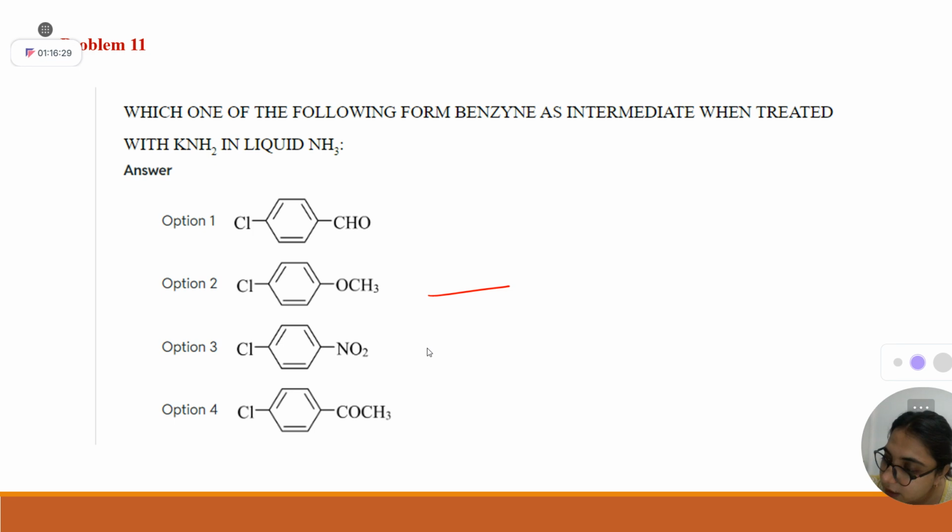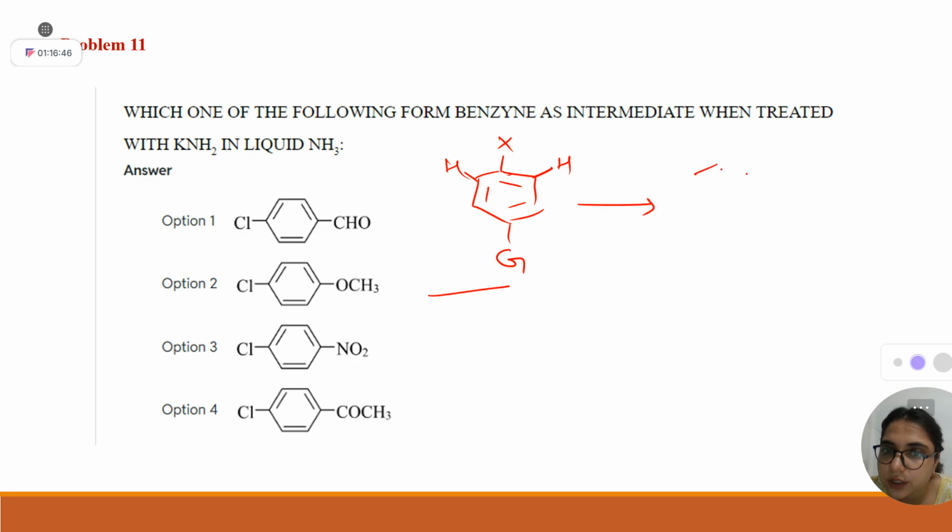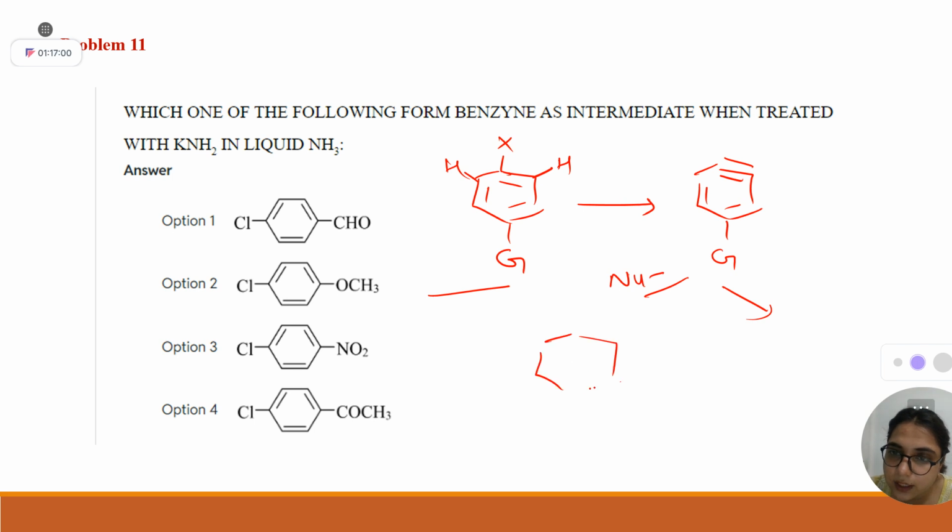Okay. Let's see the mechanism for benzyne. This is your X, this is your, let's say, any group, hydrogen, hydrogen. In the first step, what are you doing? Deprotonation and formation of benzyne, yes or no? Then you are adding the nucleophile. The nucleophile can attack in two ways.